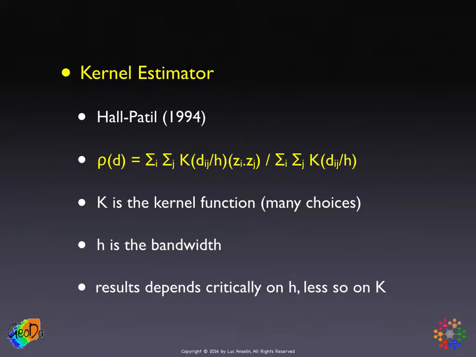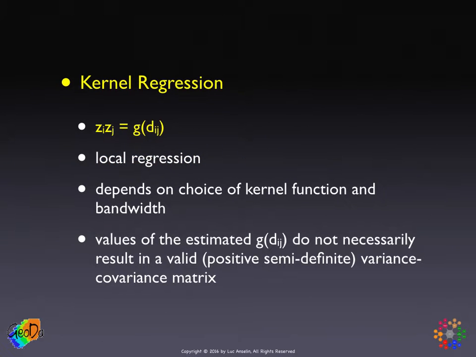The function used for the kernel itself does not seem to matter that much. The Gaussian kernel is very commonly used, in fact, in many software implementations. So how does this work then? We have the cross products, typically expressed in standardized form, so you don't have to worry about the variances. And we fit a generic function of the distance on these cross products.